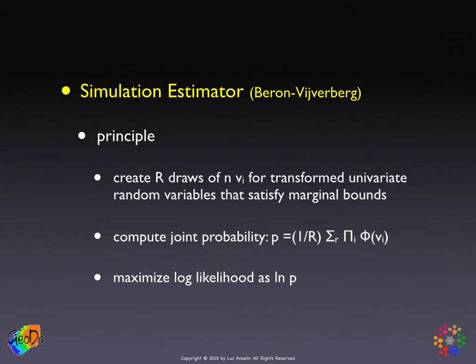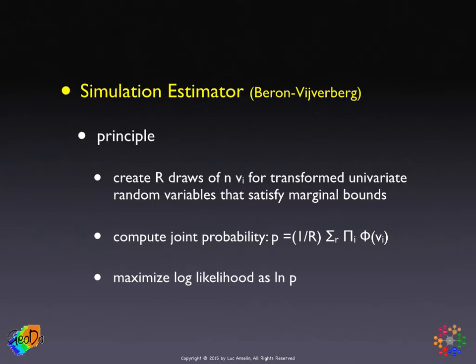And because we can't do it analytically, we use a simulation estimator. So in essence, what that boils down to is that we compute each of these marginal probabilities and then multiply them together to get a joint probability for the joint multivariate distribution, and the log of that is used in a log likelihood function. So we do this many times, r times because it's simulation, and then we take the average over these r log likelihoods that we have computed for each of the draws.